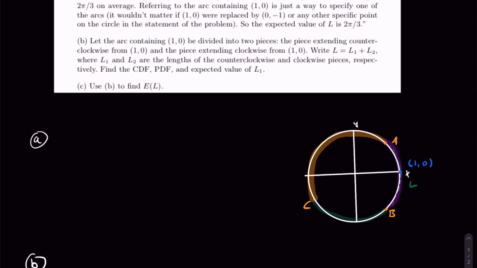We're asked to find the CDF, PDF and expected value of L1. Let's write down the information given: L equals L1 plus L2.